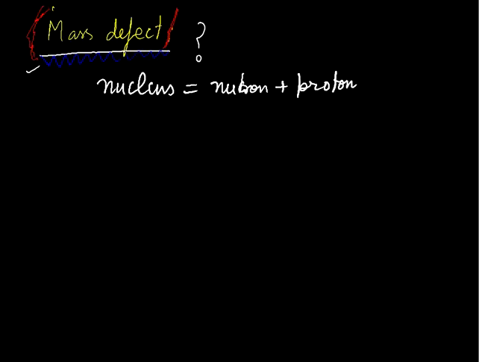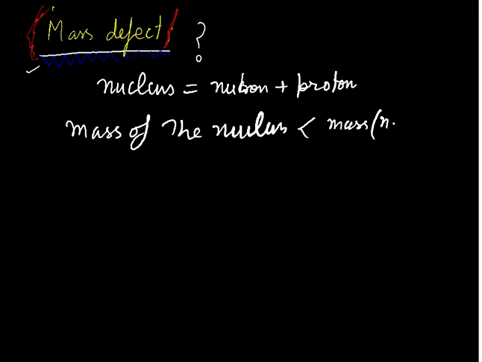When these nucleons are brought close to each other, then the nucleus forms, and it is found that the mass of the nucleus is always less than the sum of the masses of the constituent neutrons and protons.